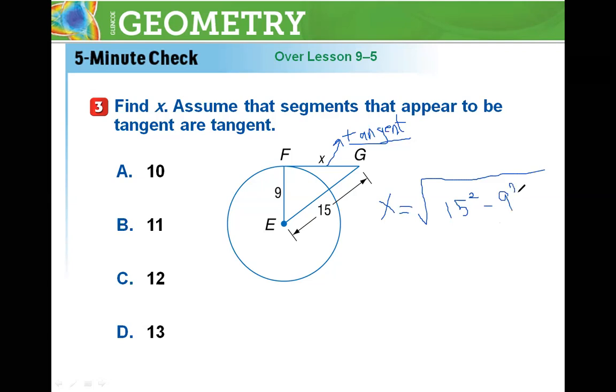It will be equal to the square root of 144, which equals 12. So the result is 12. So it's letter C.